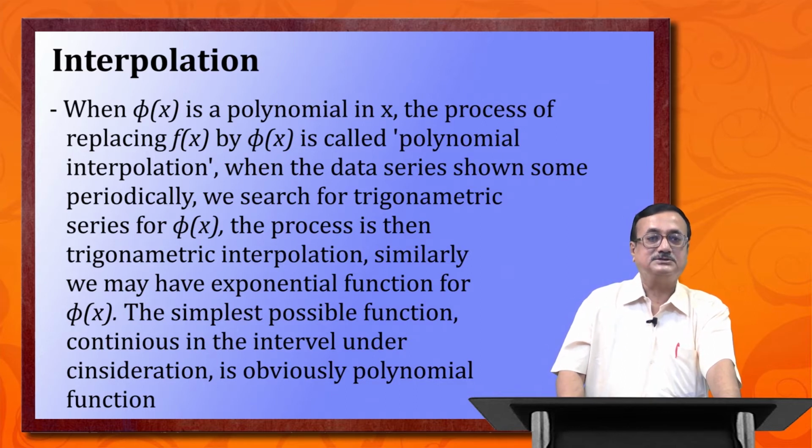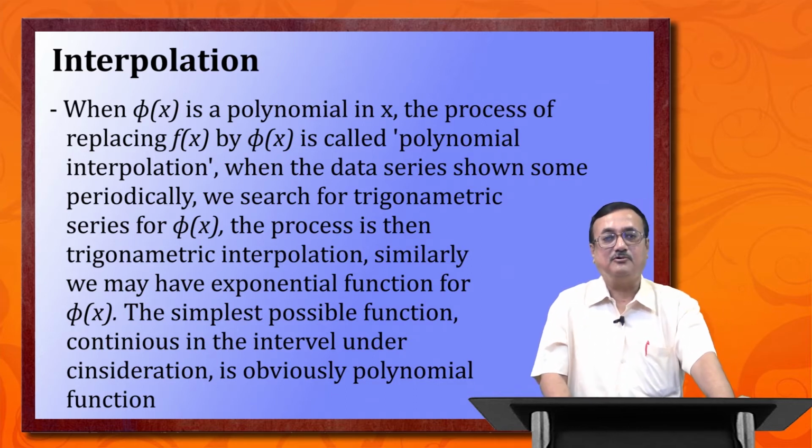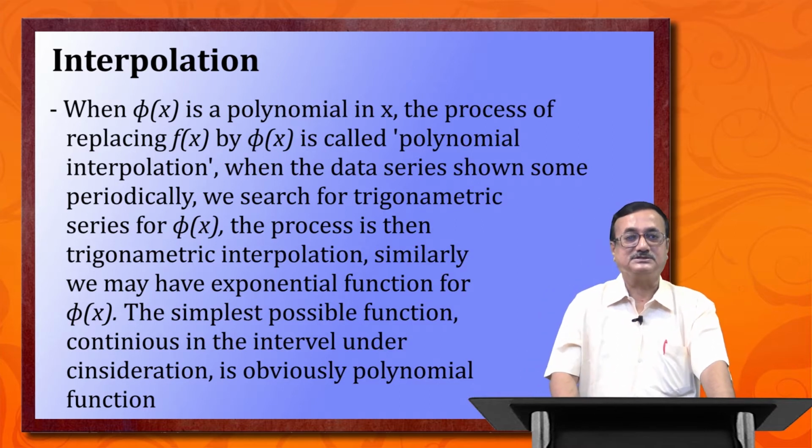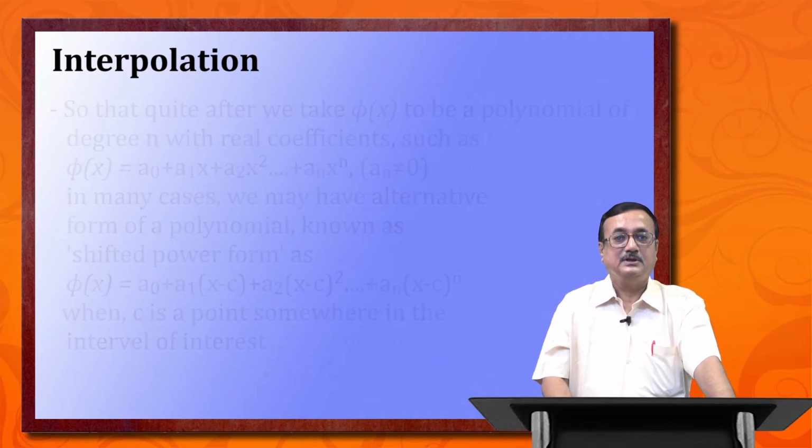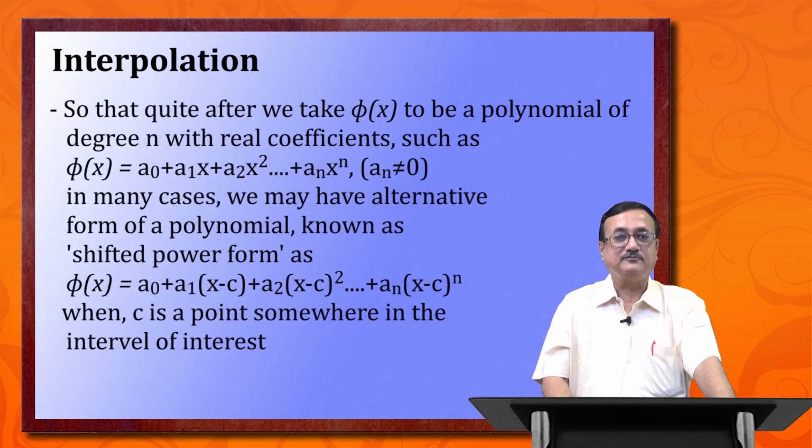You know that the simplest possible form of a function is the polynomial function, and that is why we are concentrating our objective on polynomial interpolation. What is a polynomial? You know that phi(x) is a polynomial taken in this form, where a0, a1, etc. are real numbers called the coefficients of the terms.